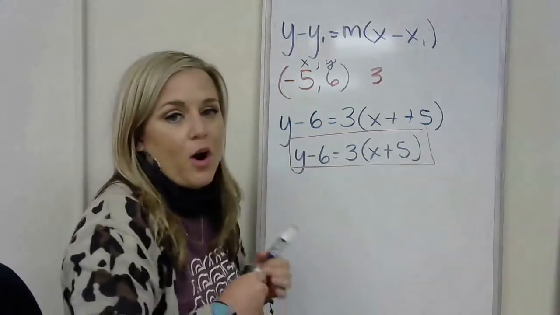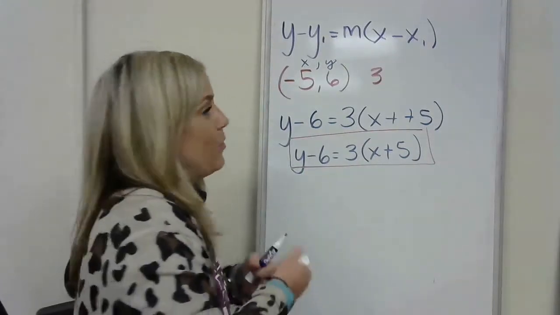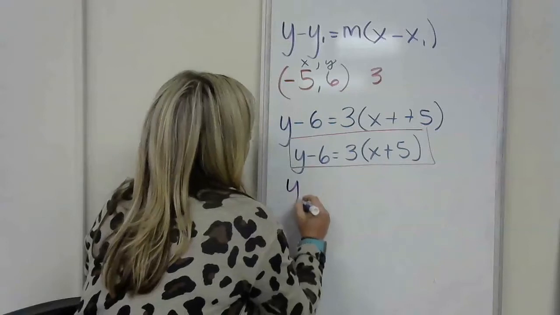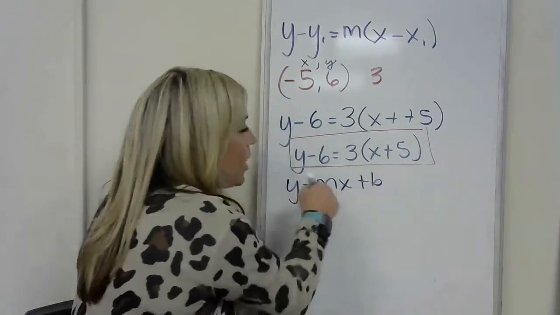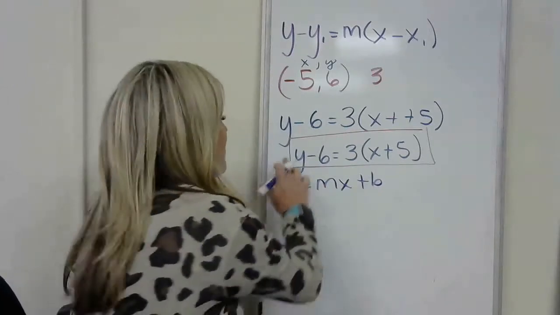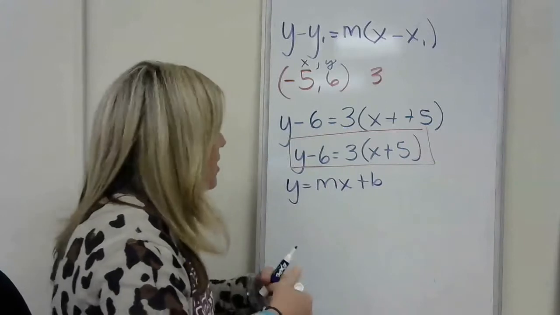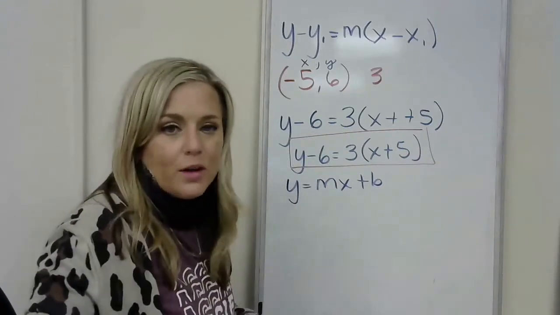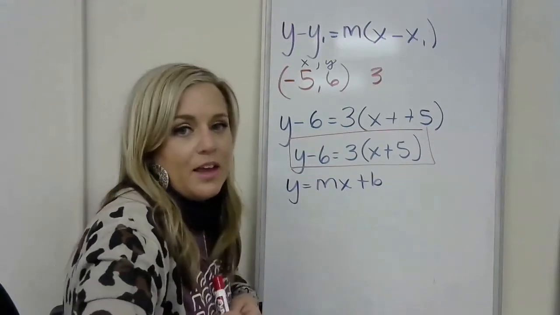All right, the next part is to get it into slope intercept form, which is y equals mx plus b. That's our goal. We want to get this to look like that. Super easy also. So I'm going to rewrite, and let me do it in a different color other than navy blue.